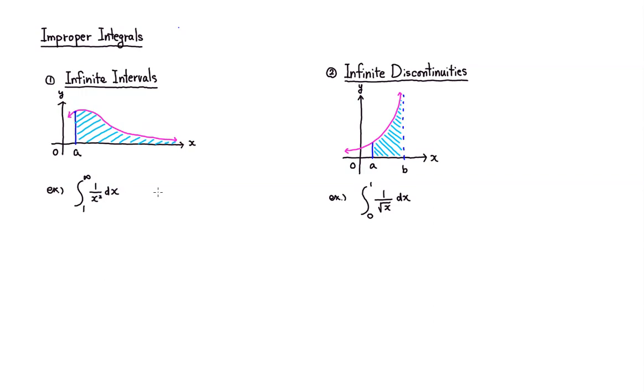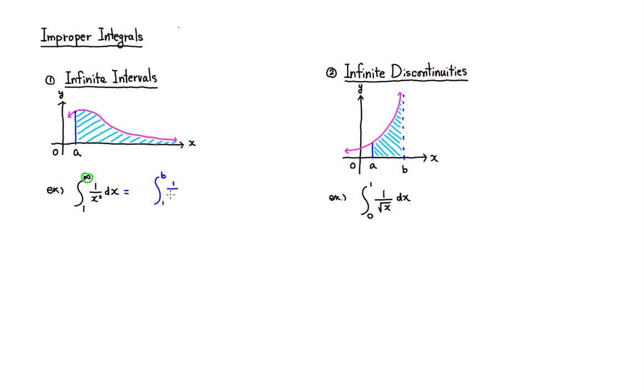The first thing we need to do is this. Since the troublemaker is infinity, if it was a finite number, we know exactly what to do. So we're going to replace that by b. We tend to use a for the lower limit, and since this is the upper limit, I'm going to use b. Everything else stays the same.